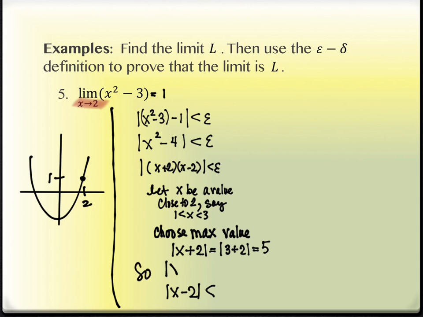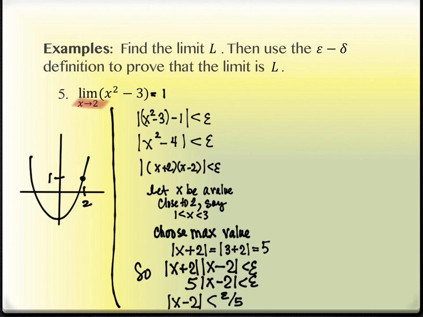So the absolute value of x plus 2 times the absolute value of x minus 2 less than epsilon. There we go. And I end up getting 5 here because of the choice that I made. And if I divide by 5, I've got another epsilon over 5 here. I promise it's not always epsilon over 5.